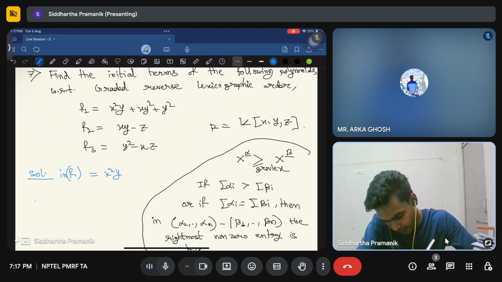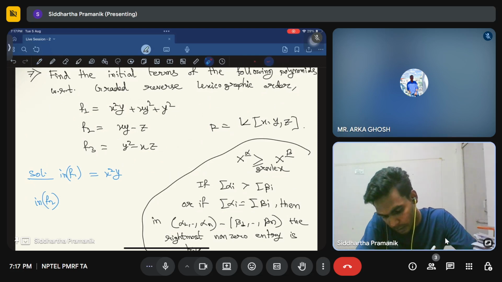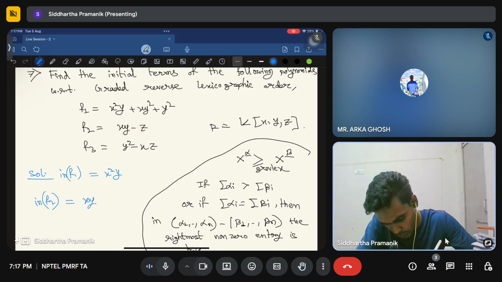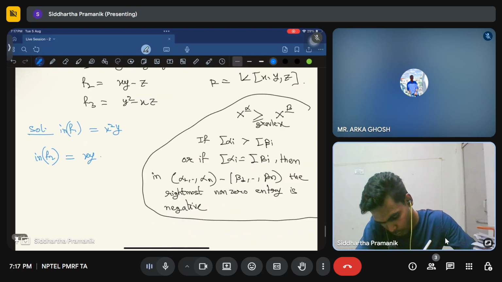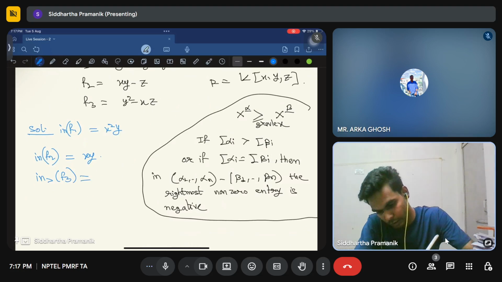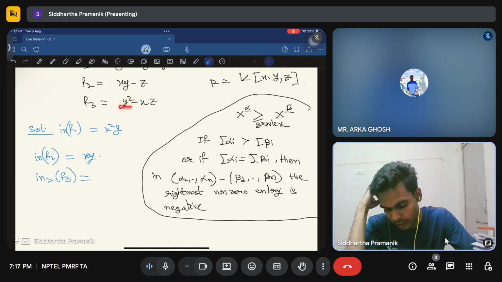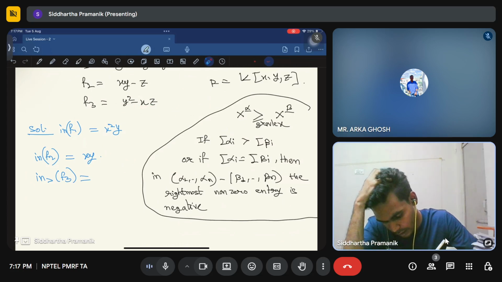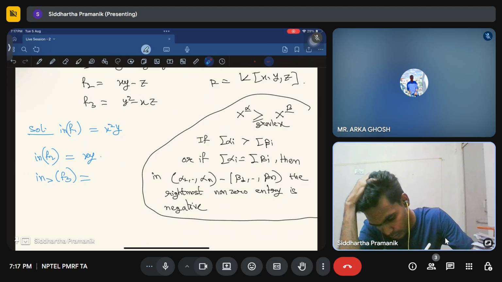Now for the second one. It is simple because the total degree of xy is 2 and the total degree of z is 1. So it is basically x times y. And what happens for the third one? Here the total degree is 2 for both terms, so we need to check the difference vector.